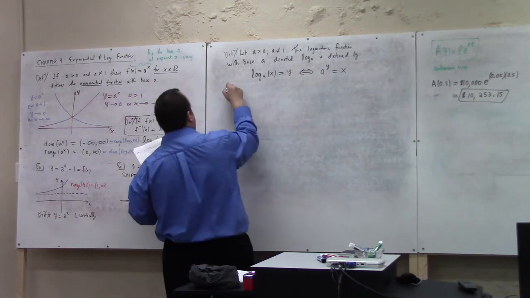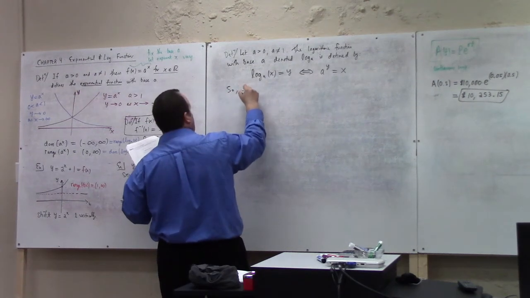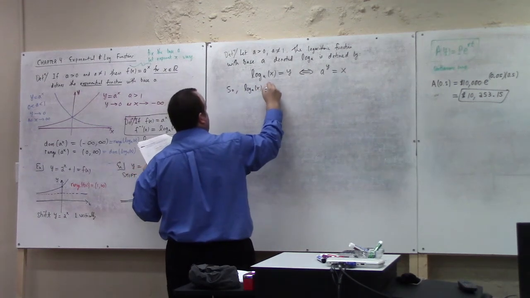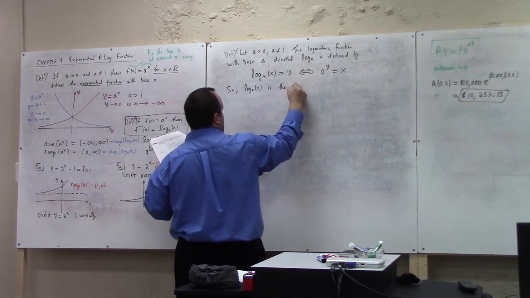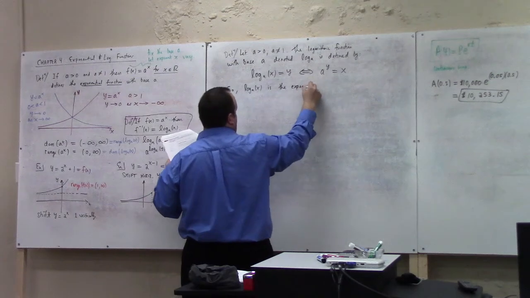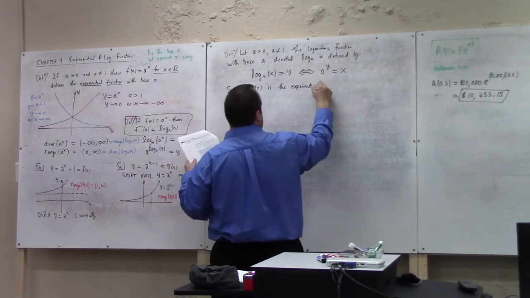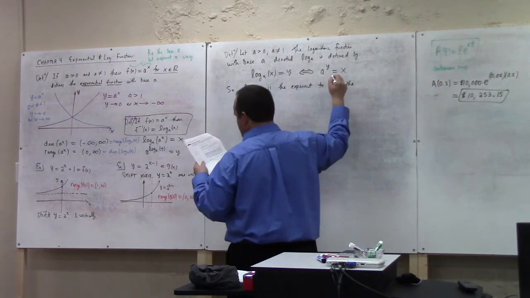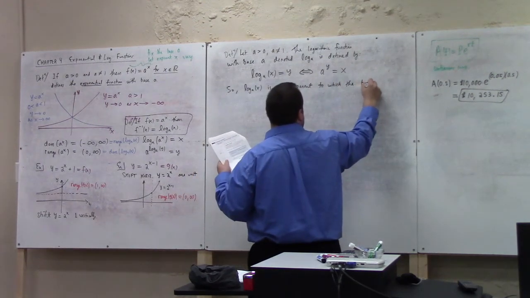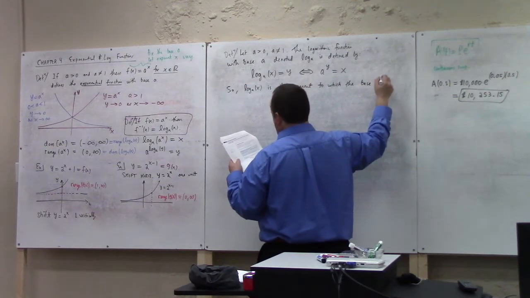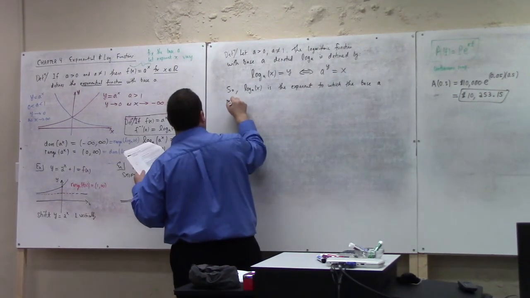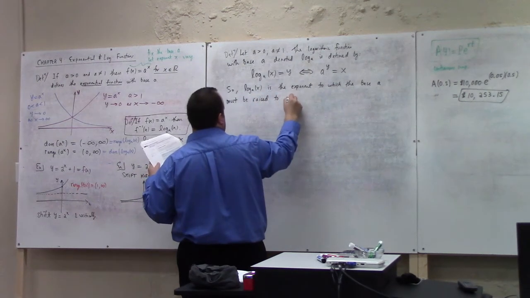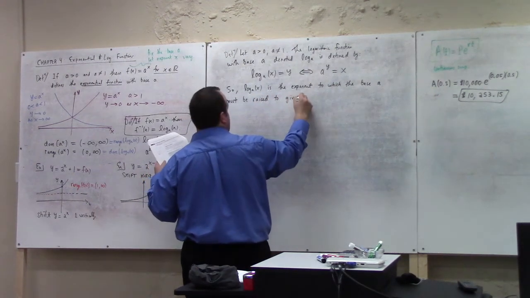So here's what that says in words. Log base a of x is the exponent to which the base a must be raised to give x.